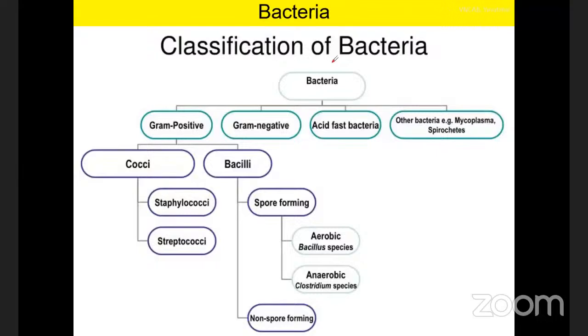That we are calling endospores. Endospores. Okay.